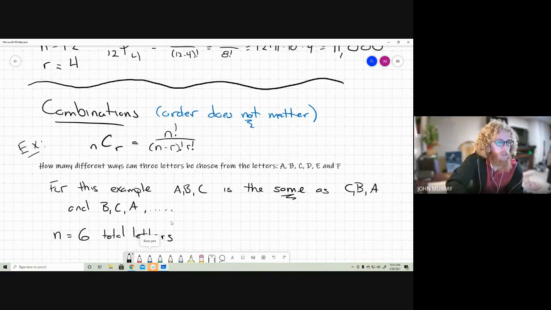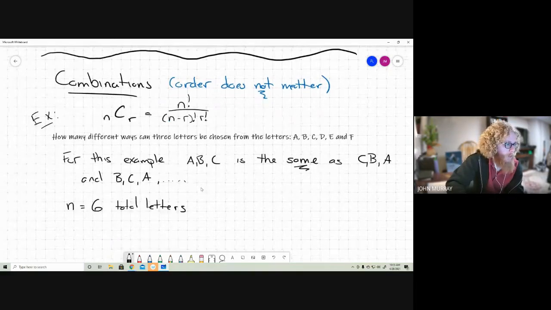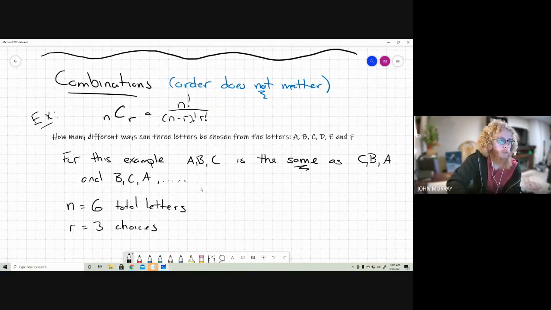So we have n is 6 because we have 6 letters. And now our r is 3 because we're picking 3 letters there. So we're going to have 6C3, which just happens to be 6 factorial over 3 factorial times 3 factorial.